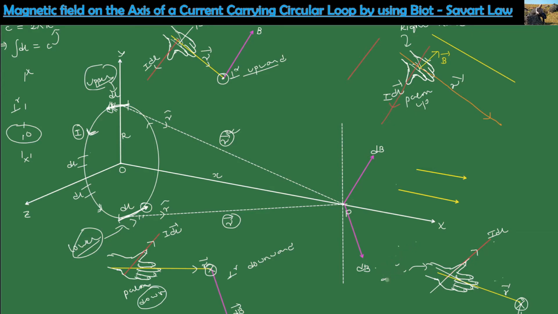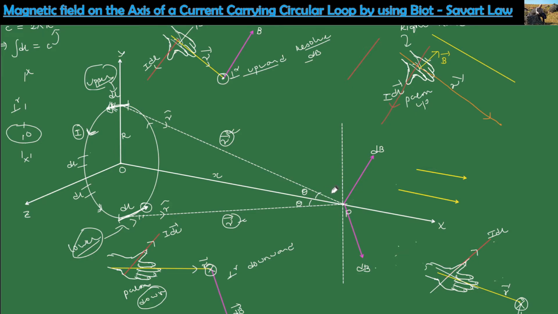So from here, when you look at this particular diagram, we have to resolve this dB. We have to resolve the direction of dB into different components. So from here, this is the direction of the radius vector, which makes an angle with the x direction, the direction with which the coil makes with the point P. Let that angle be theta, and let this angle also be theta.